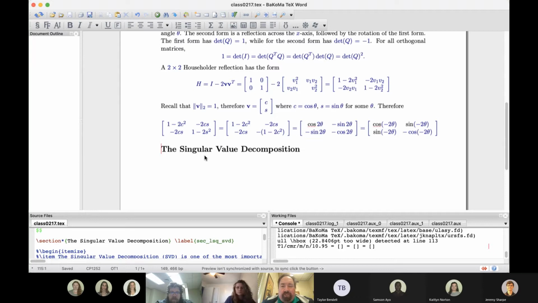The main achievement of his career was coming up with the first practical algorithm for computing this new matrix factorization, the singular value decomposition, that is very useful for a lot of things, particularly least squares problems.